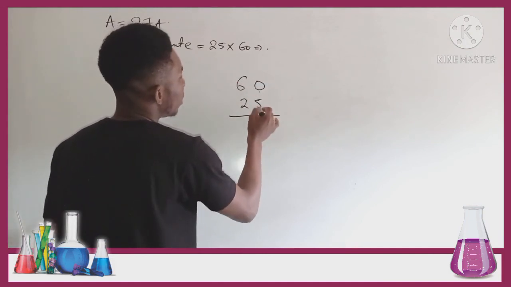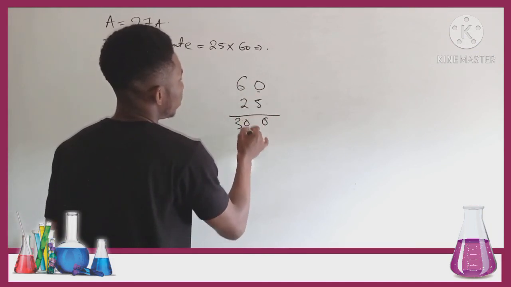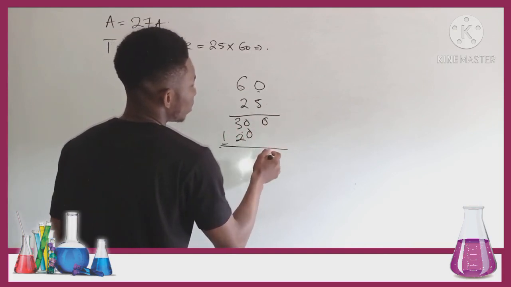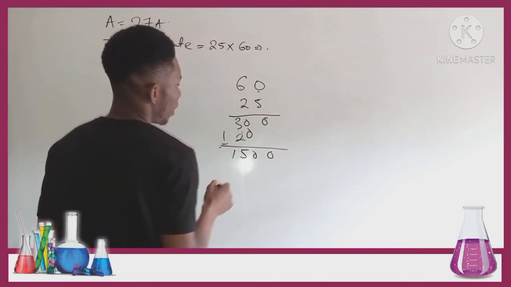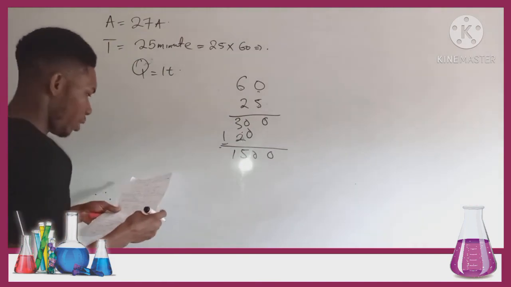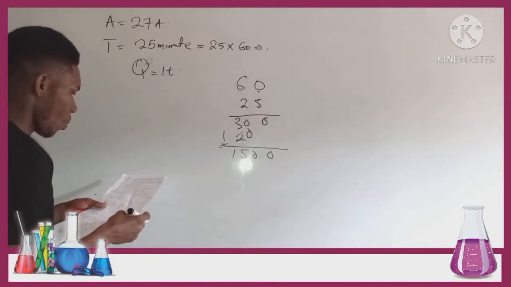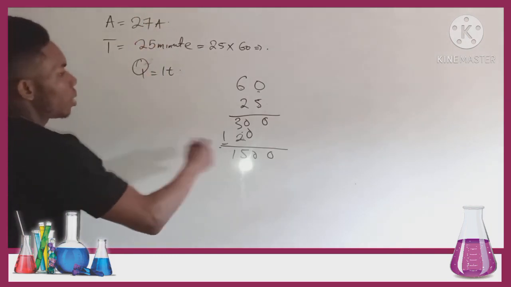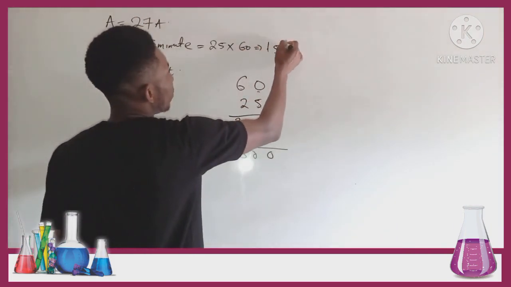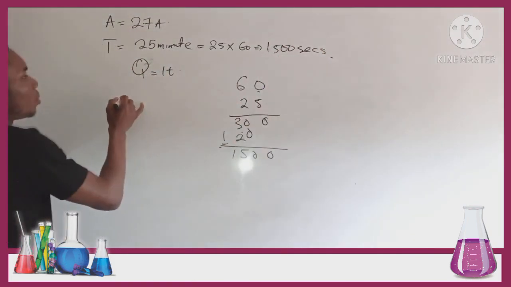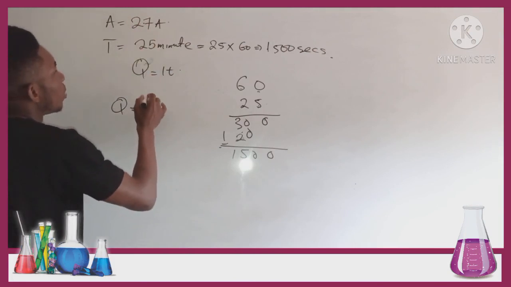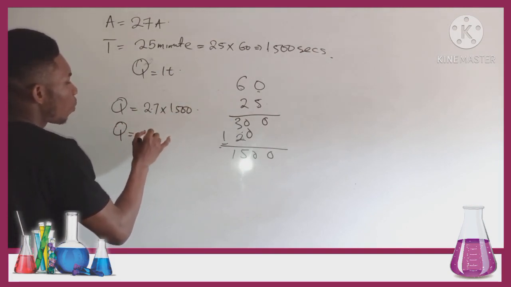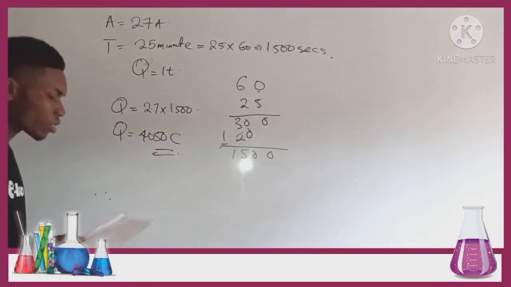This gives us 1,500 seconds. Q is equal to 2.7, which is our current, times 1,500, and our Q is 4050 coulomb.